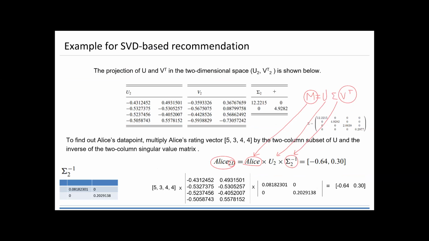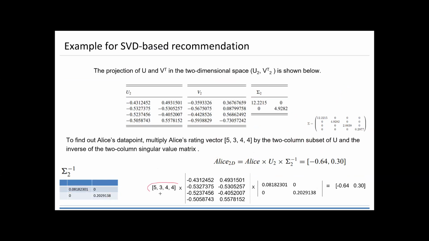So the sigma, or the singular value, should be inverted, and this is the inverse result. So we have 0.081 and 0.2 something, and we can apply this formula. The formula will be the matrix multiplication.